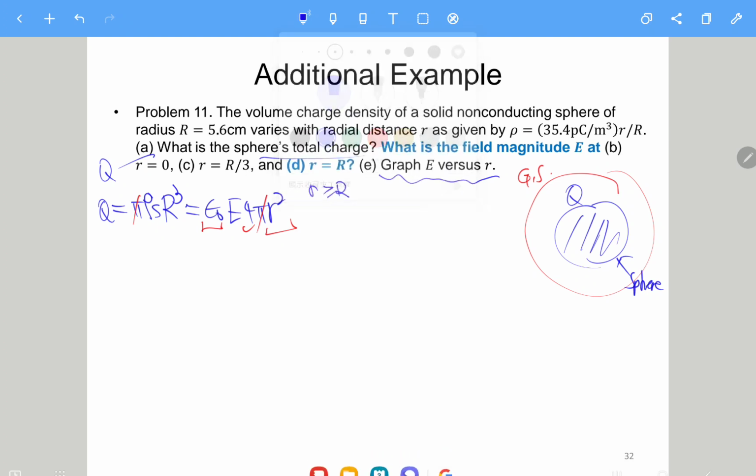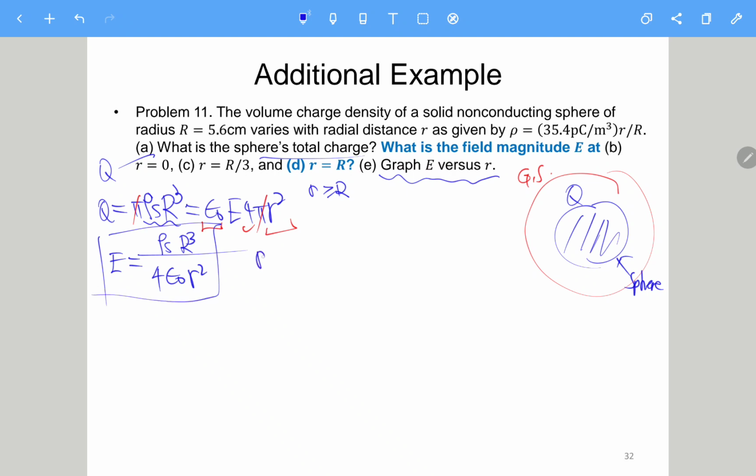So finally, we will get E to be, we have 4 epsilon naught r square in the denominator, and then we have these two terms in the numerator, rho S R cube. So this expression is for r greater than or equal to capital R.